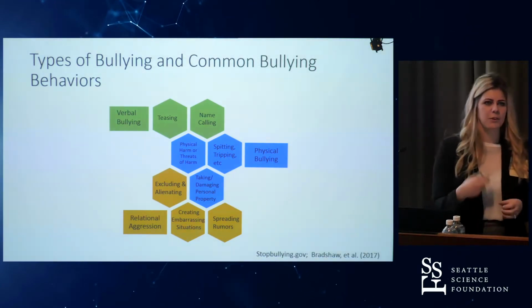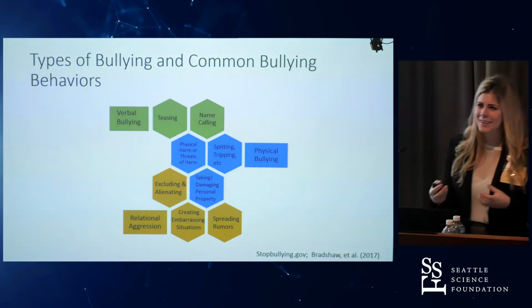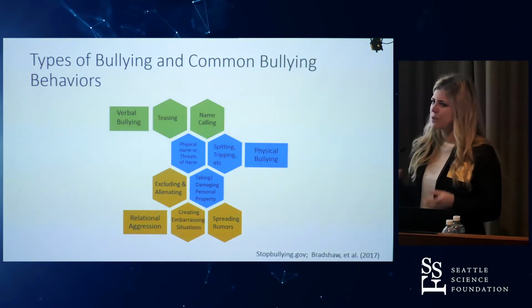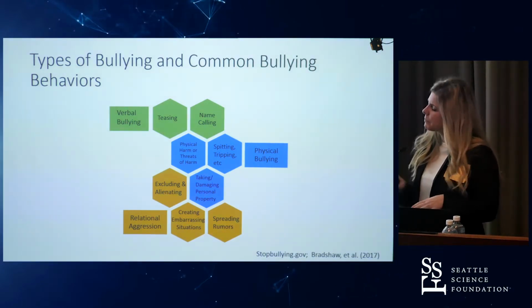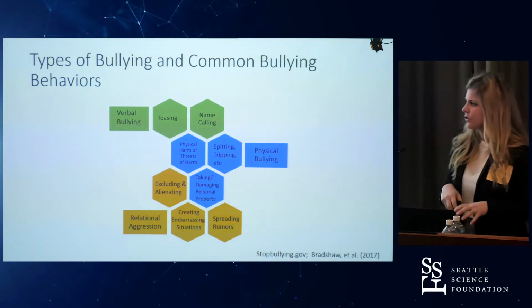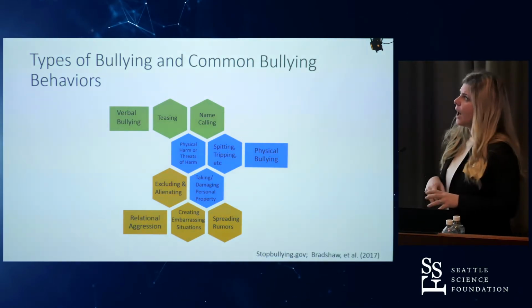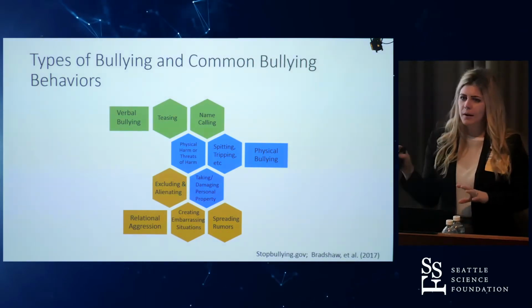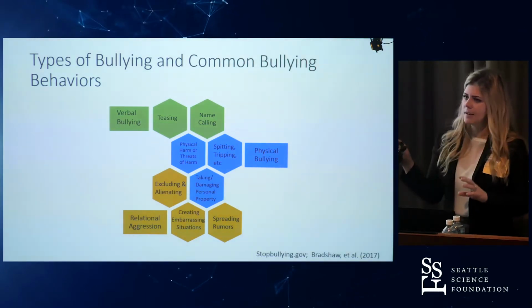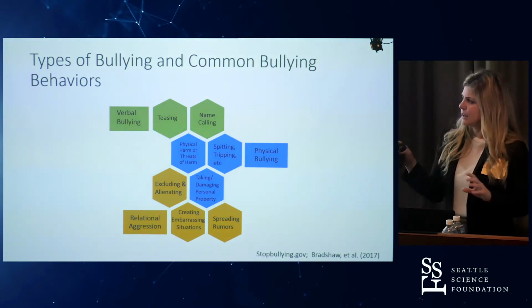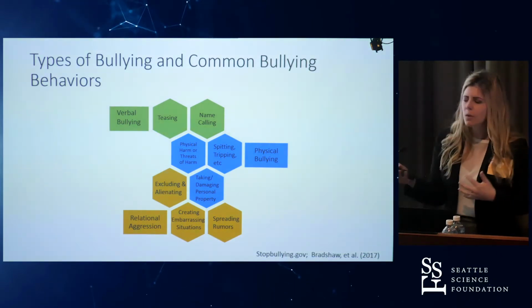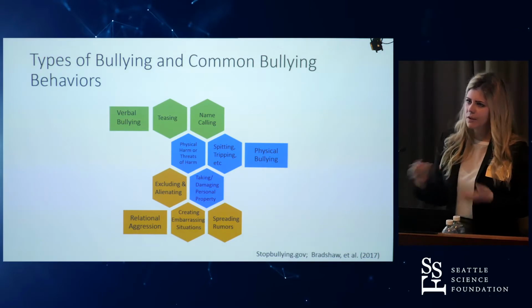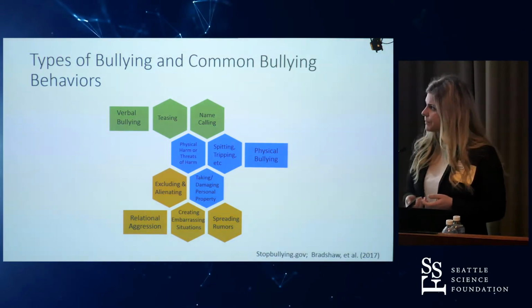Little kids might not be able to engage in these behaviors as much because you really need to have that level of social savvy that kindergartners or early elementary schoolers are not going to have as much of. And we'll see in a minute a graph of how that plays out. But these are the three main types, and there's not necessarily one that's worse or less impactful than another. It really just depends on the circumstances.